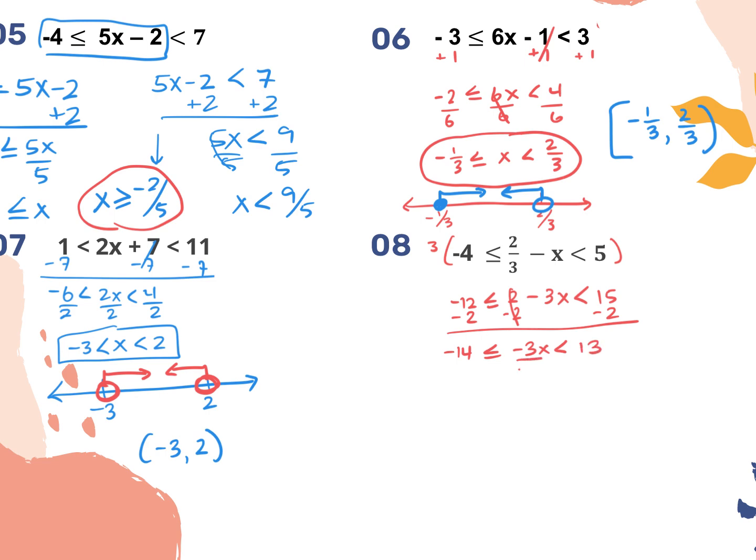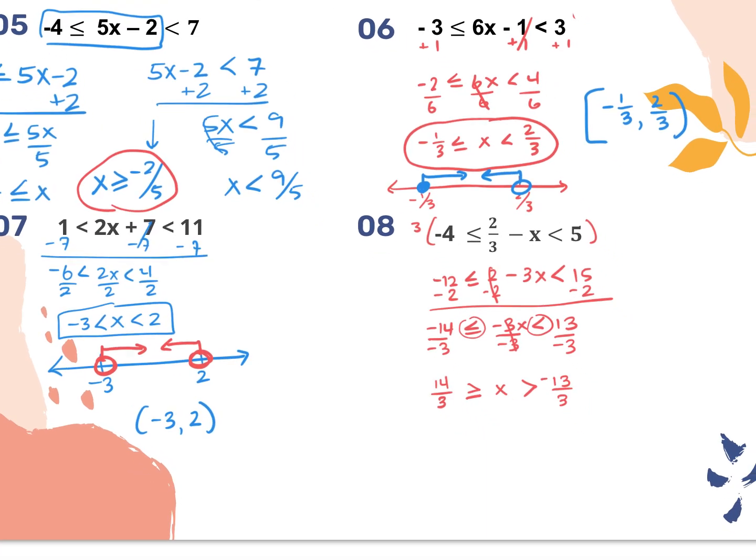Now I'm going to divide both sides by negative 3. Anytime I divide by negative 3, I have to remember to flip the signs. So this answer here is 14/3. I'm going to flip the sign. The middle is x. I'm going to flip the sign again, and this is negative 13/3.